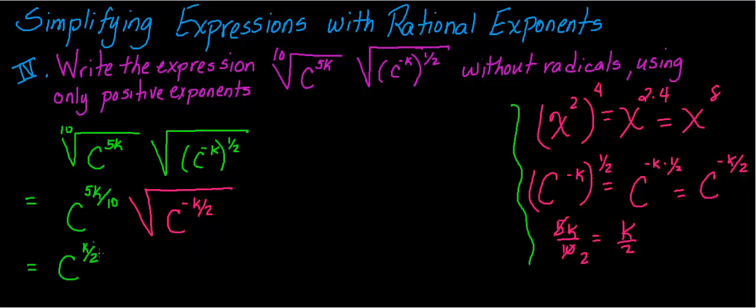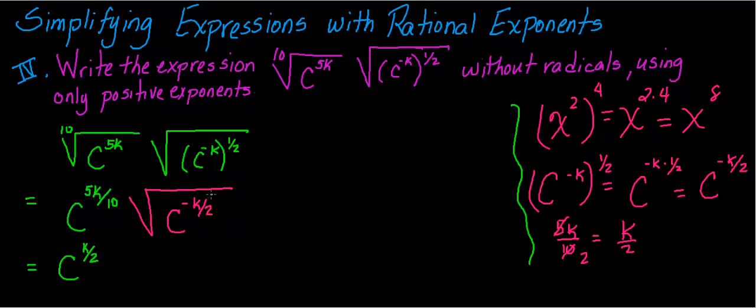So I've reduced this a little bit, and here now I want to write this whole expression as an expression with a rational exponent, or a fraction. I want my exponent to be a fraction. Now, this whole number in here is the radicand, okay?